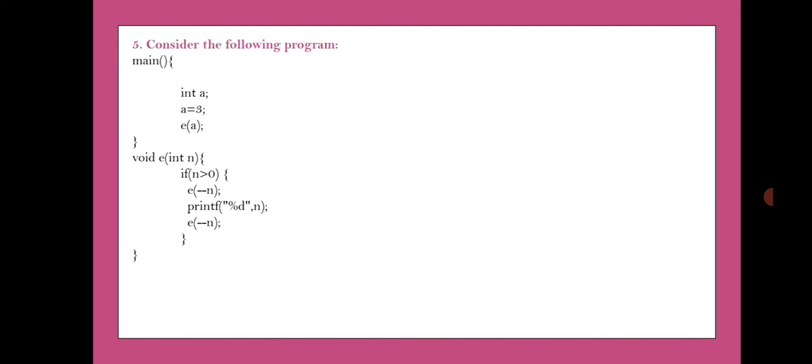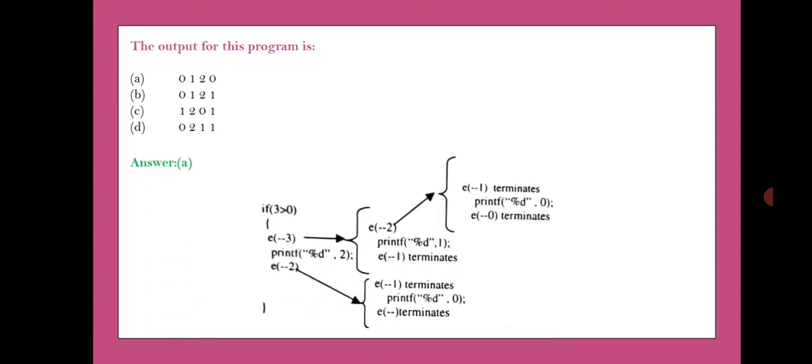That means it will print 0, 1, 2 and 0. Hence our answer is A. Anyways, if you did not understand it, just look at this, then you will understand the sequence.